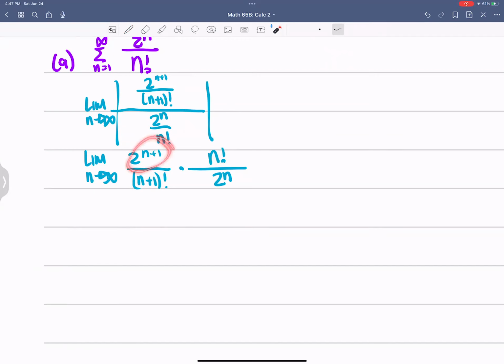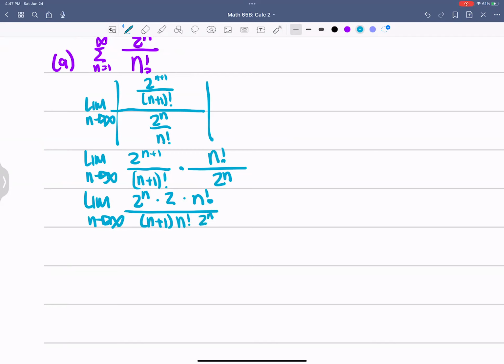And we're going to do something similar to that too. So the limit as n approaches infinity of 2 to the power n times 2, and let's multiply that by n factorial in the numerator. Down here, we are going to have n plus 1 times n factorial. Now we have something that we could divide out.